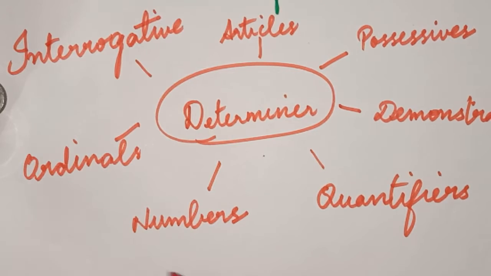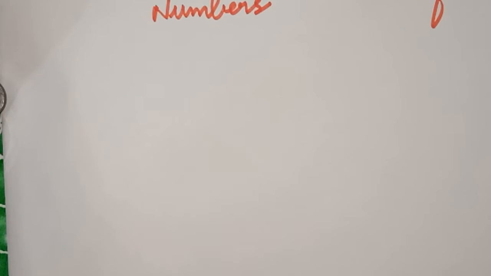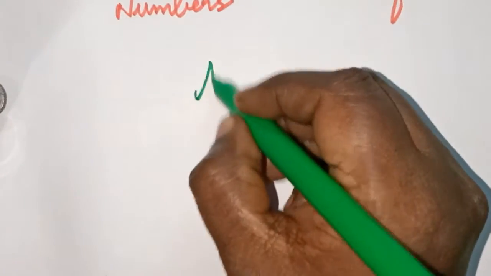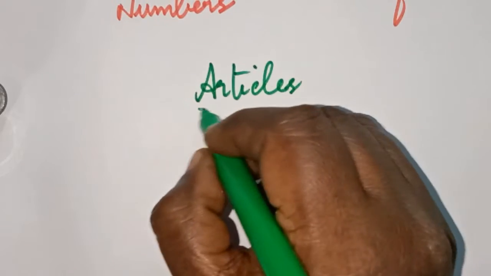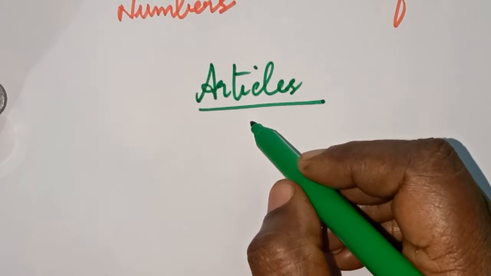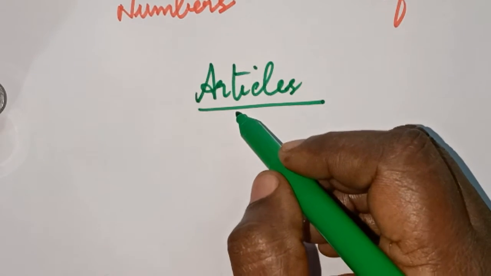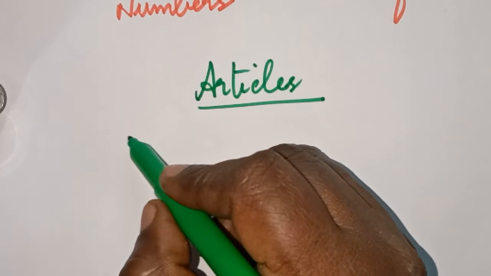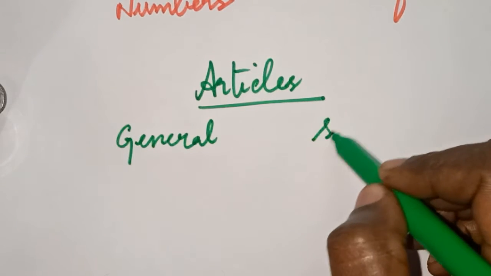Okay, so the first one is articles. So now we are going to see about the first one, articles. As you know, articles are the words used before a noun and they modify the noun, and we have these articles in two types. One is general and the other one is specific.